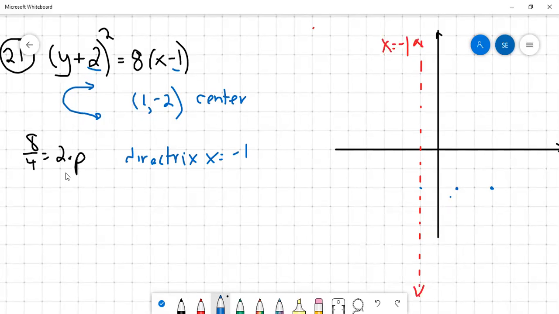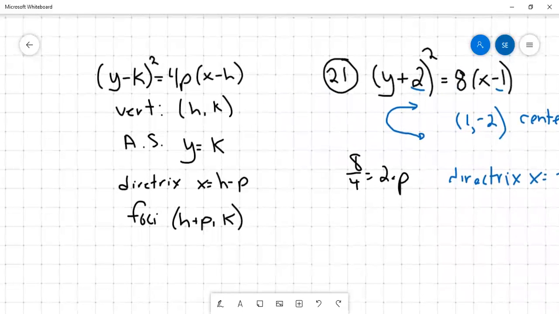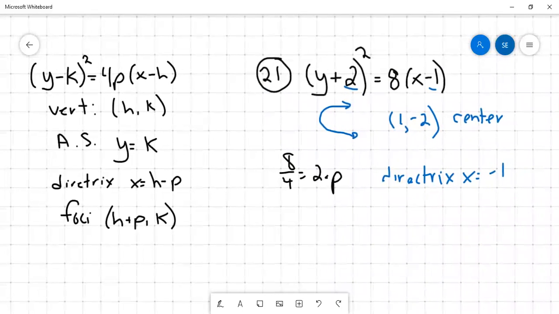Okay. And this over here is graphically how I like to do it. If we look at our formulas, our directrix is x equals h minus p. In this instance, our h was 1, and we're subtracting our p of 2 to get x equals -1.